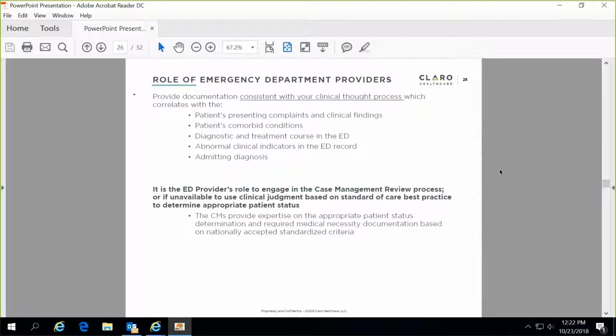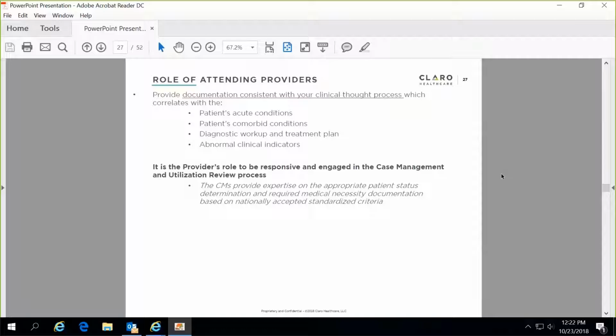We went over the role of the emergency room, but the role of the attending is to provide those acute conditions, those comorbid conditions, diagnostic workup and treatment plan, and then those abnormal clinical indicators. And then to work with UR and case management and the CDSs on the documentation improvement and that the patient status is appropriate, okay?